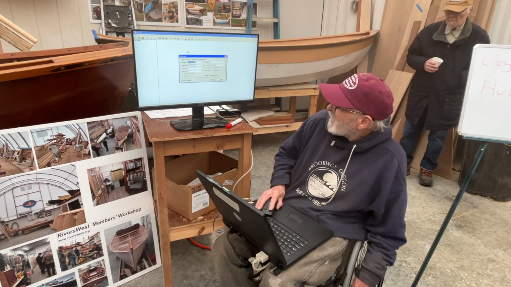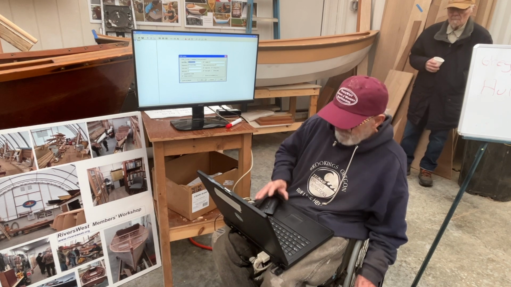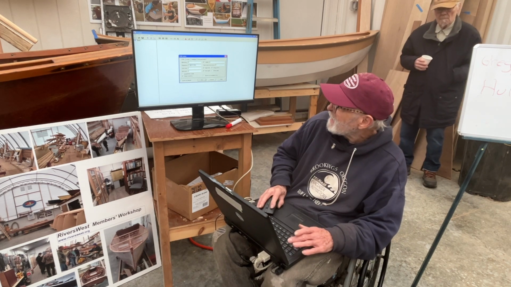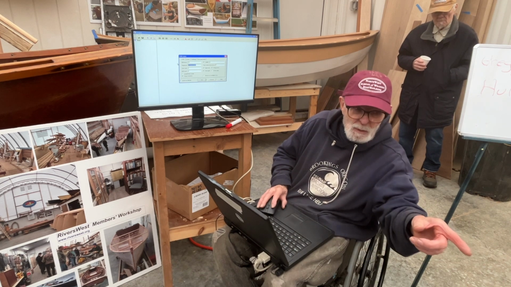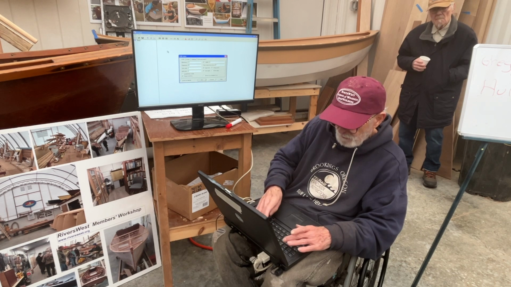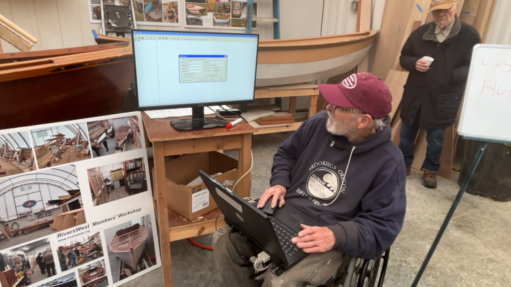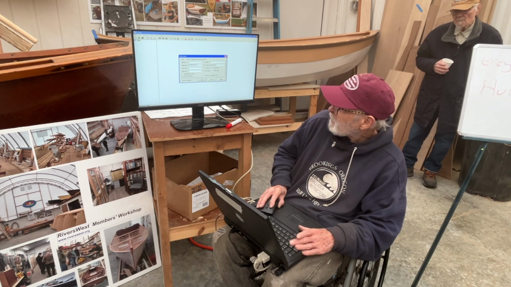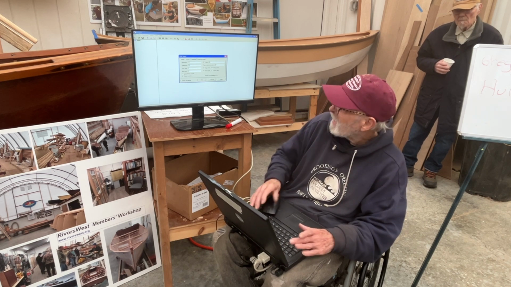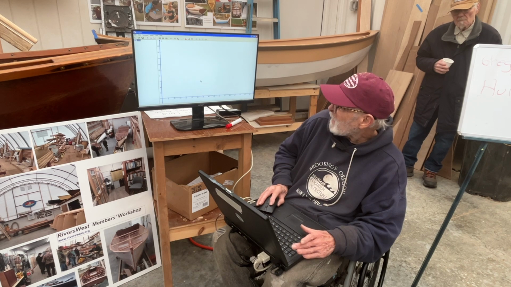What you want to do basically is set up the axes. We know the boat's 6 feet long, so let's go 84 inches. The y-axis, let's go -2. The up axis, let's go 20. Bingo.